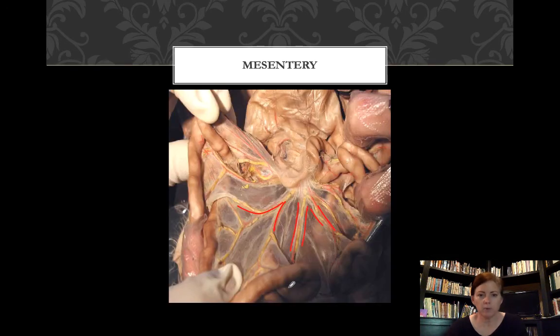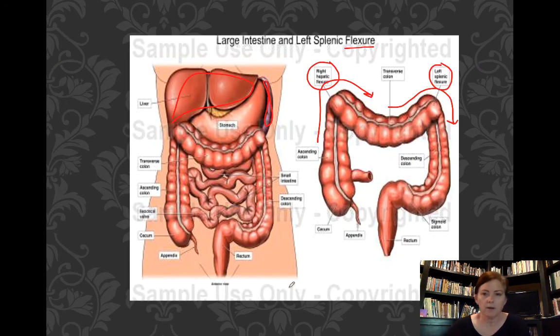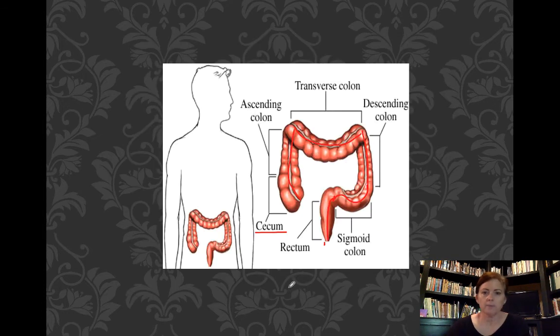Okay, I wanted to point out just a couple other things with the large intestines. One is going to be taenia coli, which is basically this line. If you look at the large intestines, you always see this white line going through it, and that is a band of smooth muscle that travels along the length of the large intestines, and it basically cinches up the large intestines into pockets, and we call those pockets haustra.